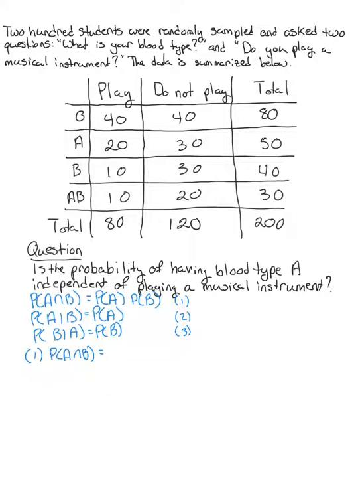So this would equal the number of students who have blood type A and play a musical instrument.